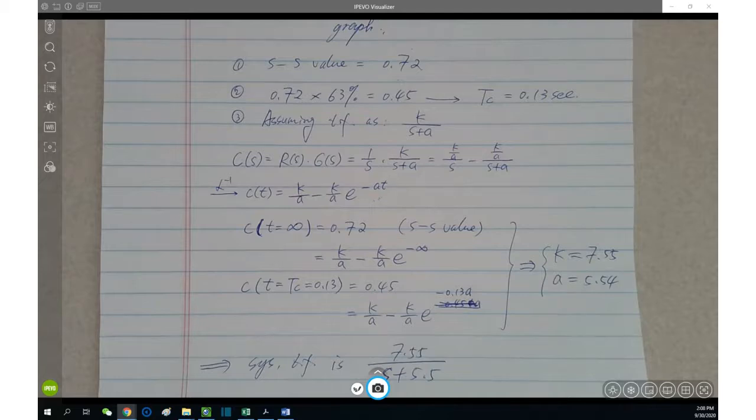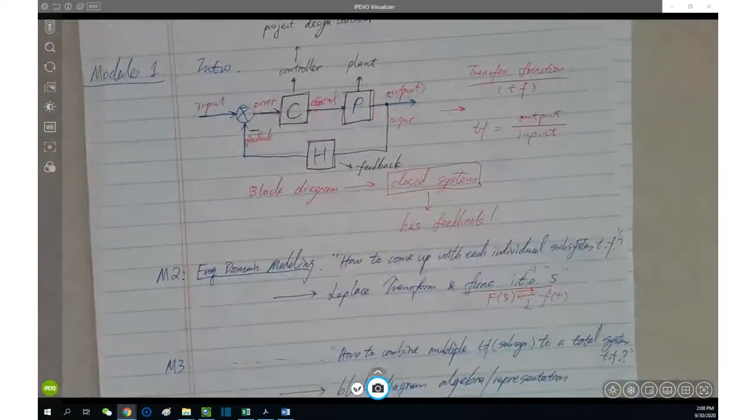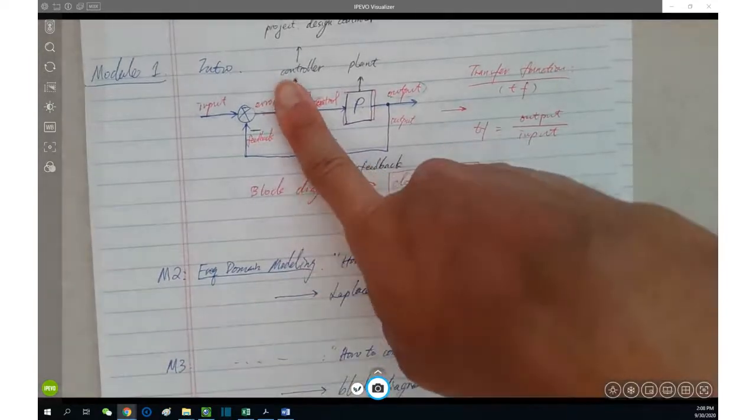Well, not necessarily equal to. And this scenario is kind of like this. You don't have any feedback. You just have the plant itself. No feedback, no controller either. You give an input, it gave you an output.